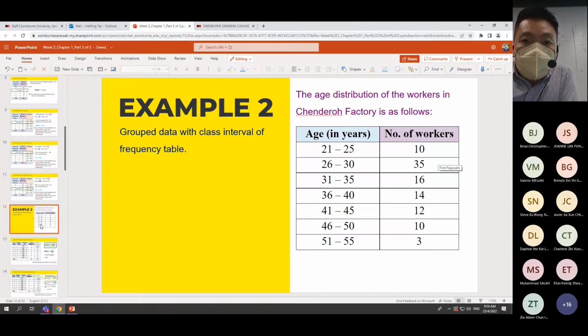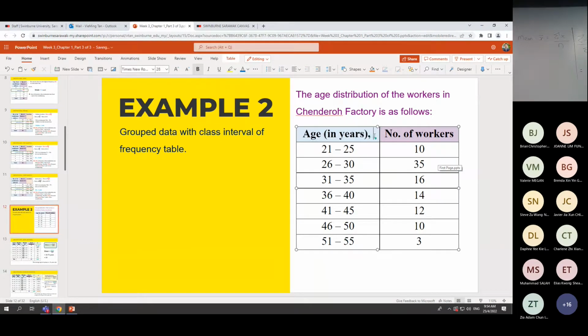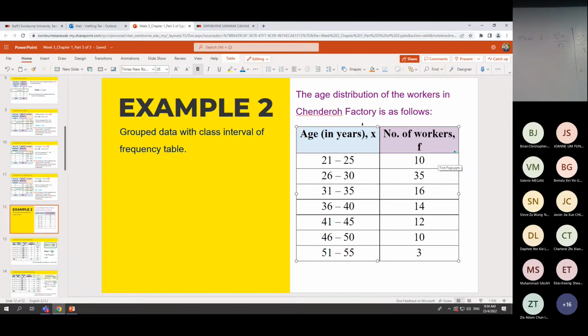In this case, the first column, the blue one, is the class column, which is the X. The number of workers is the frequency column, the second column. We need to understand the given table first.